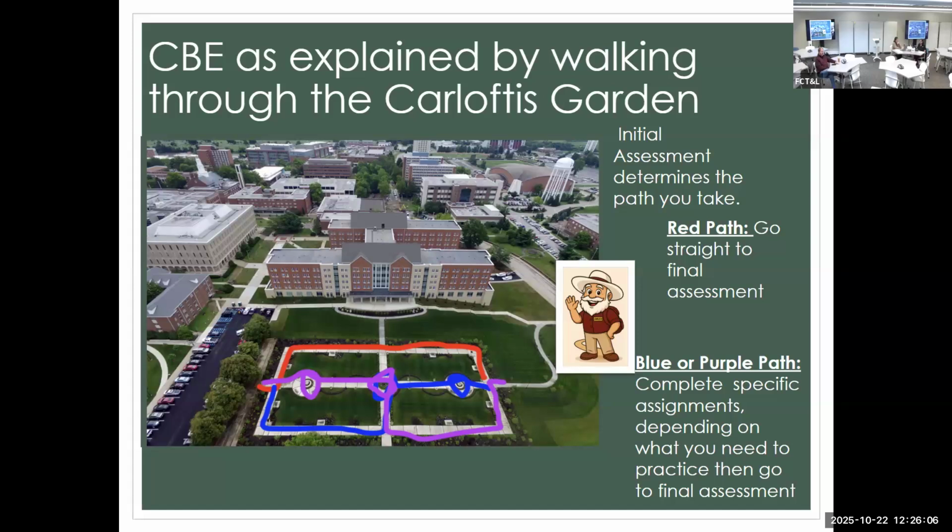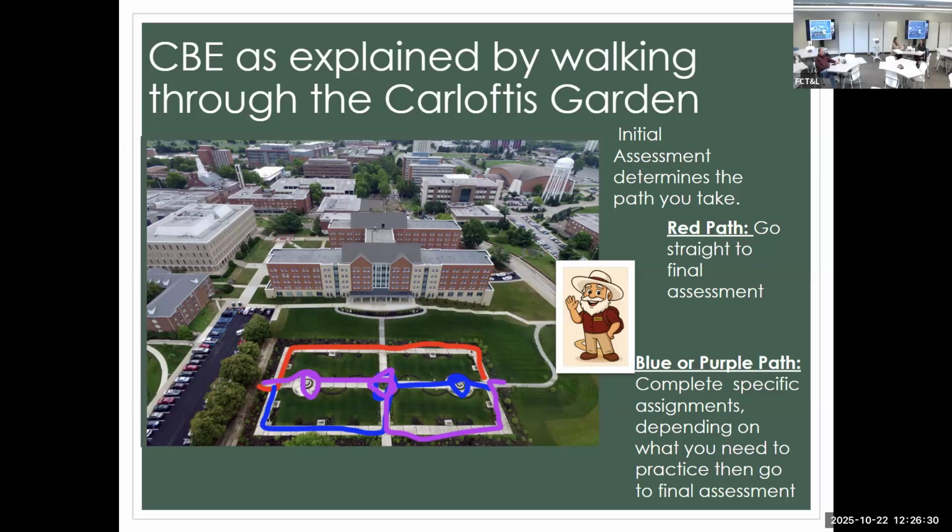Let's say that he takes the initial assessment, he does really well with whatever the mastery threshold was that we set. So he demonstrates that he has mastered many of the outcomes. We're just going to let him go straight to the final assessment. So he'll take the red path, go straight to the final assessment.